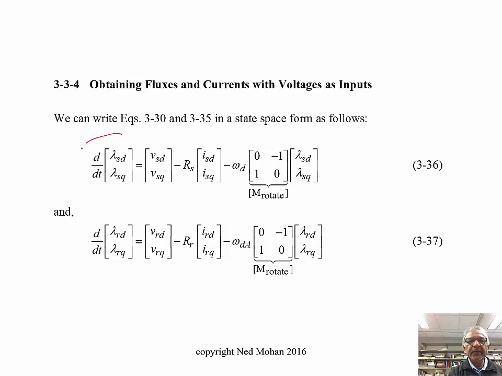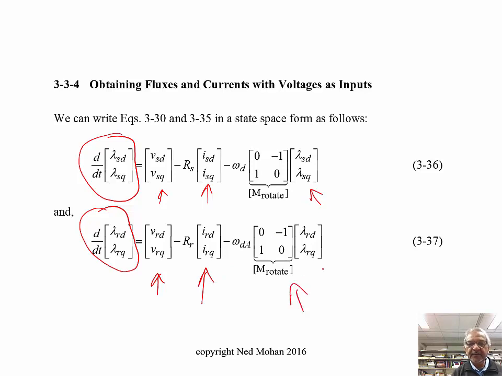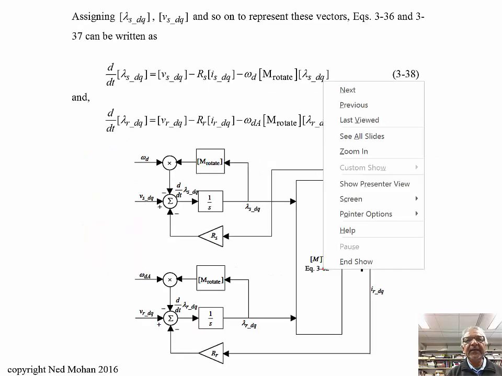We pull out this term on the left hand side, d/dt of these flux linkages, which is equal to the voltages you are applying, the drop across the resistance, and then the speed term. So it's just a matter of rewriting those equations we have seen earlier. No surprise here.